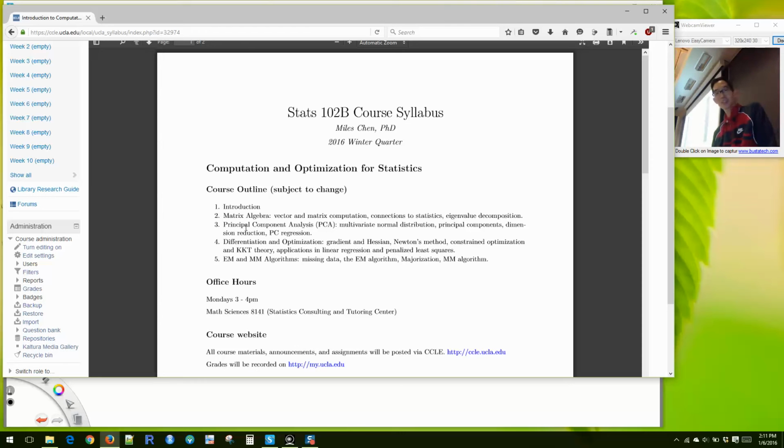You can get a textbook on principal component analysis, which is a subtopic in multivariate statistics. There are many textbooks on multivariate statistics, of which principal component analysis will probably be a significant portion. And then there are textbooks on differentiation and optimization, and maybe the EM and MM algorithms will be included in a textbook on optimization.